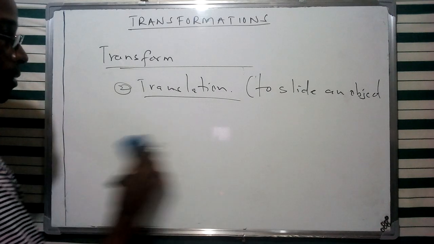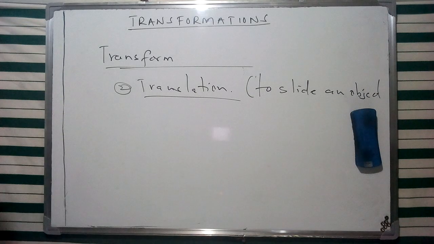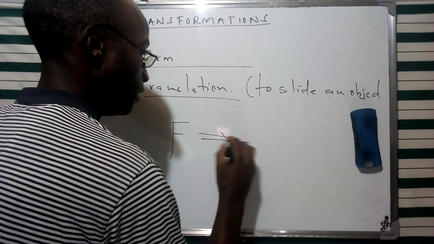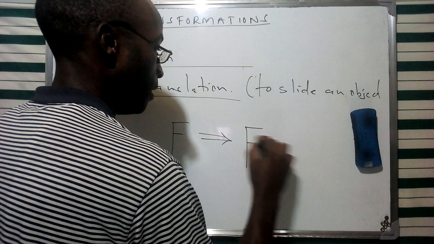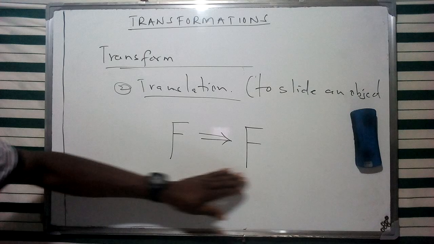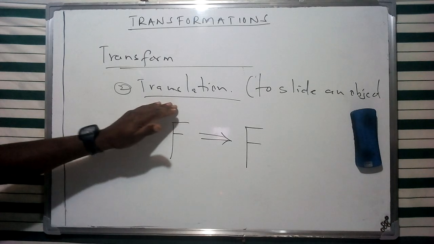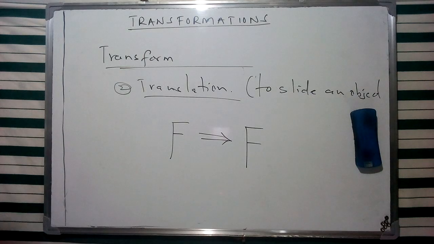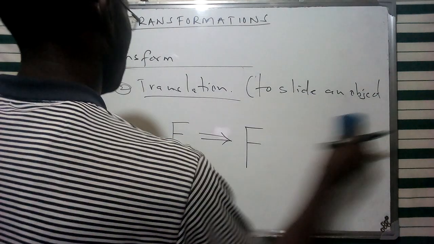The geometrical aspect of describing this particular transformation is referred to as translating. If I have the object as F and it is translated or slid along this particular path, then the process is described as a transformation process, which in the literal sense refers to sliding this specific object.